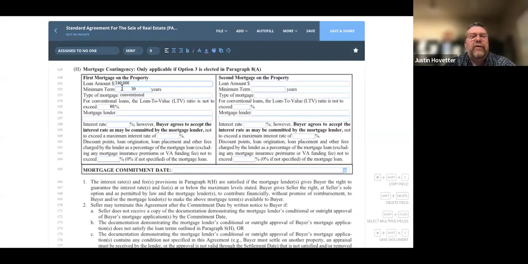Okay. 30-year term. That could be a 20-year term or a 15, or it could be a 3-year adjustable rate mortgage. That's kind of unusual these days, but they're out there. So put in your type of mortgage. And if you can't qualify under those terms, then that's going to be reflected on your mortgage commitment letter.